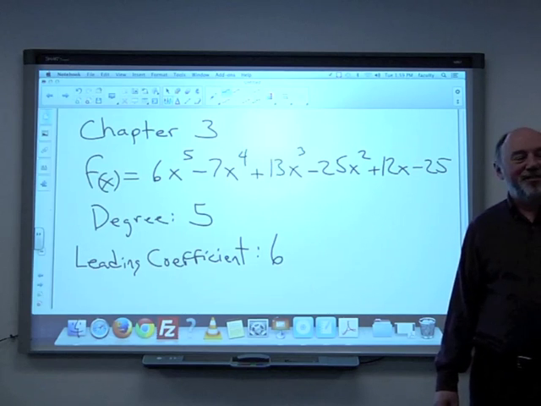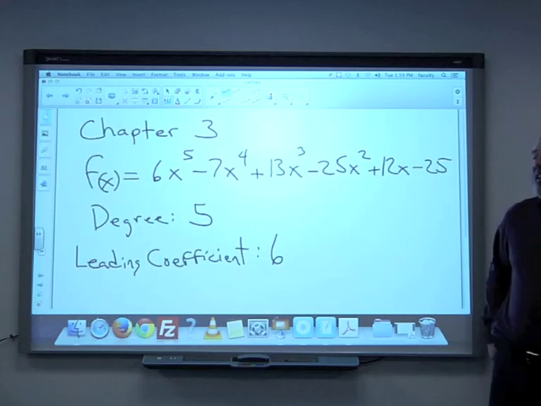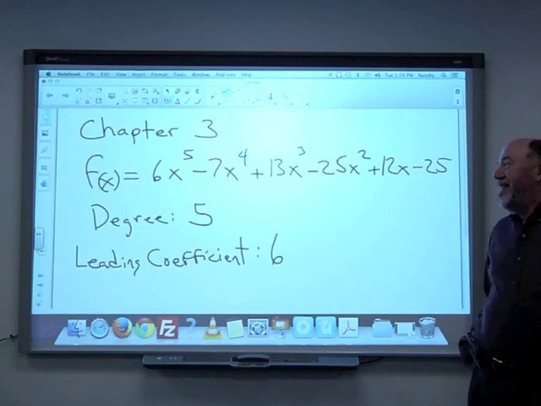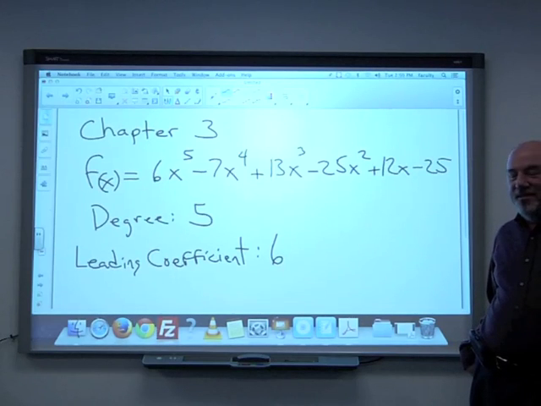Tricky stuff, right? Easy to forget. So this is a 5th degree polynomial, and the coefficient in front of the x to the 5 term is a 6.